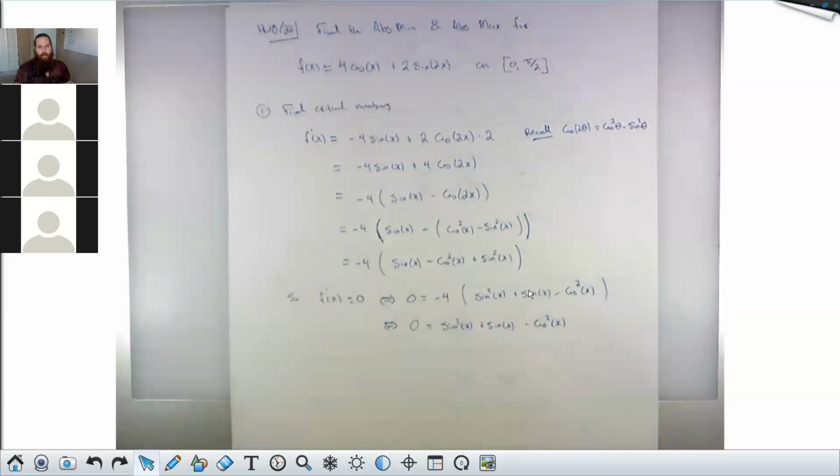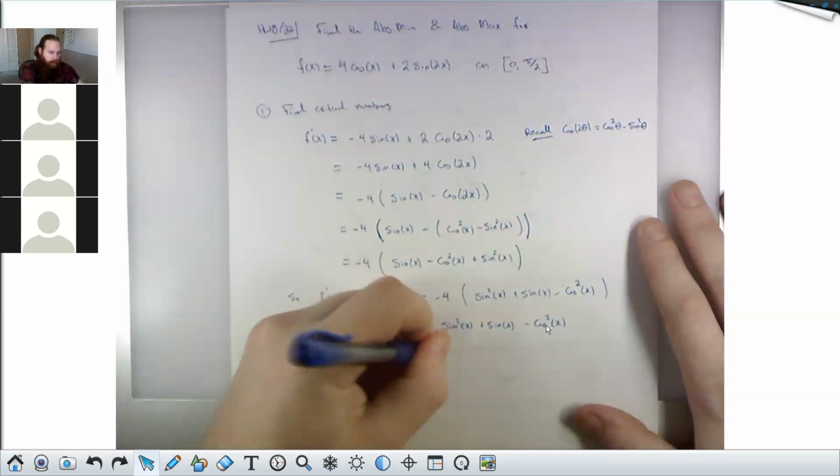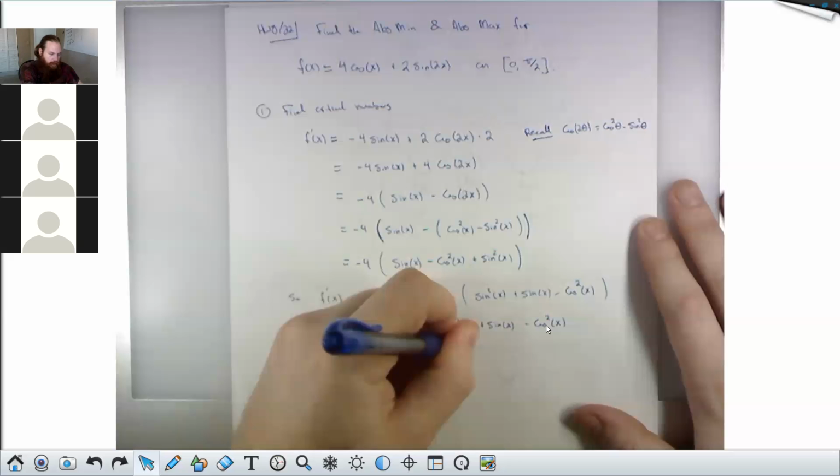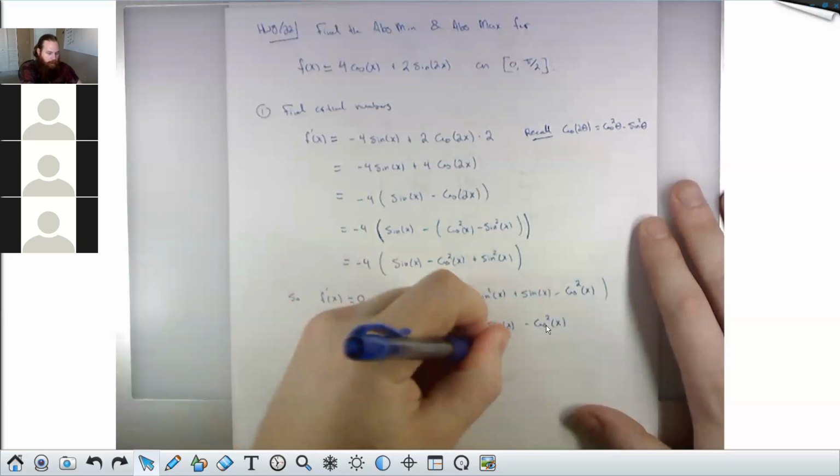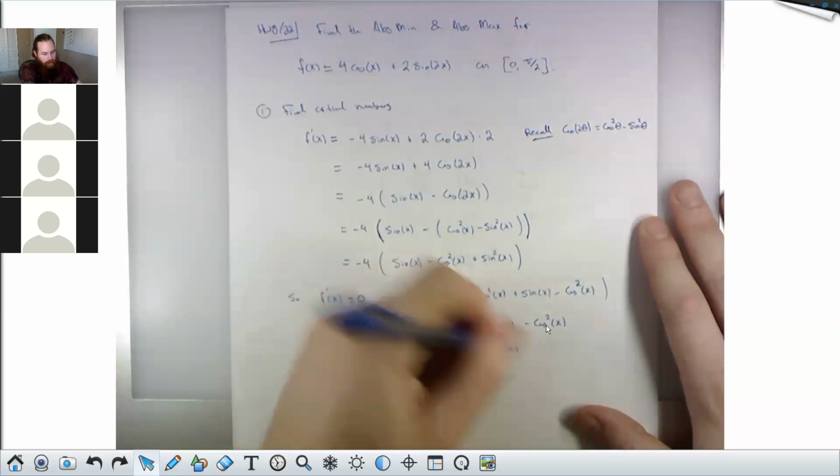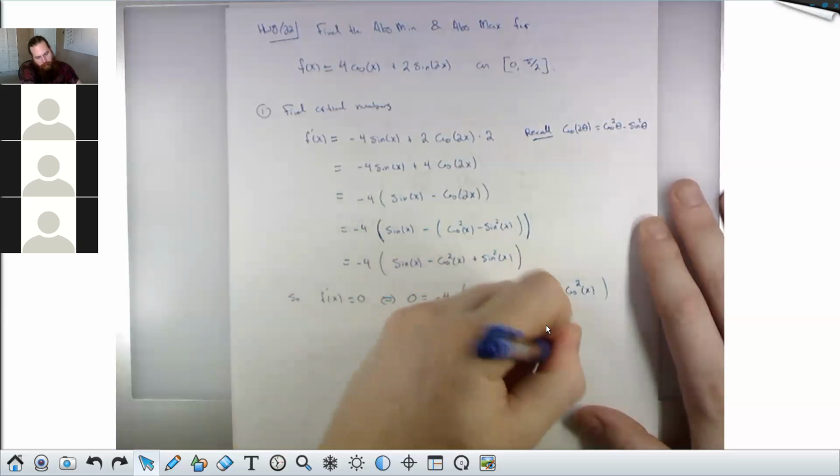And then from your trigonometry classes, you should remember how to solve equations like this. If you don't, that's forgivable. You need to replace this by its Pythagorean equivalent and then factor the resulting quadratic. So this is the same as sine squared x plus sine x minus 1 minus sine squared x.